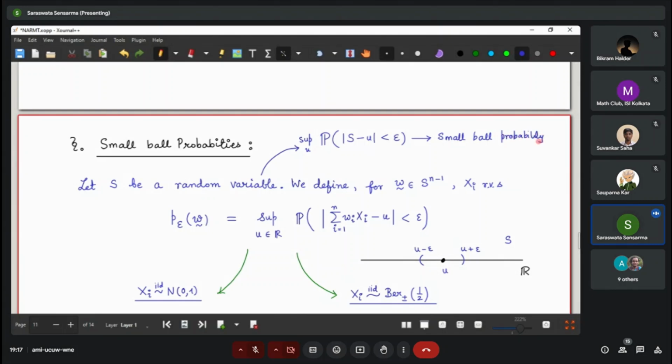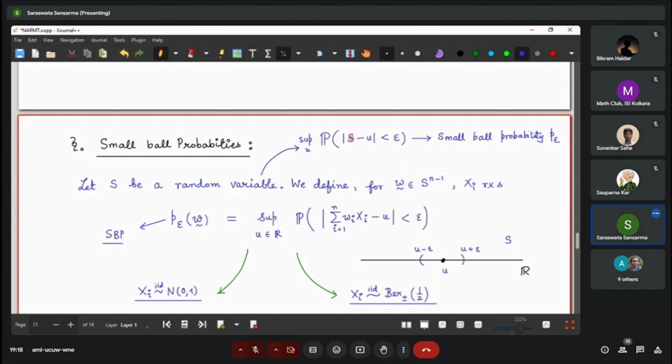We'll denote it by P epsilon. Now we get to a setup which is more akin to what we saw before: pick any weights W, any vector, not a random vector, from S^(n-1), and the xi as random variables. Then we define this as the small ball probability also, as the supremum, and we look at the concentration of these linear sums.